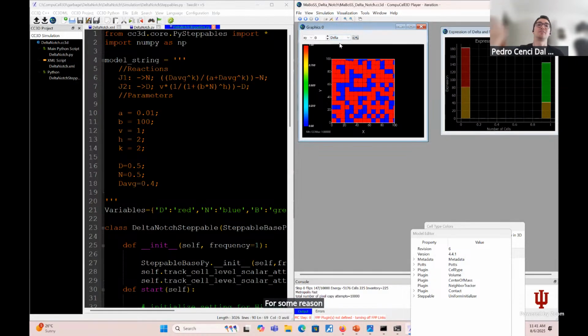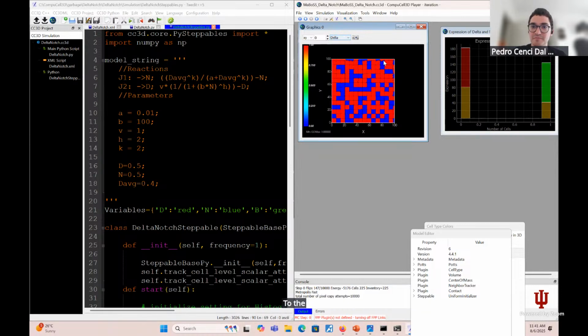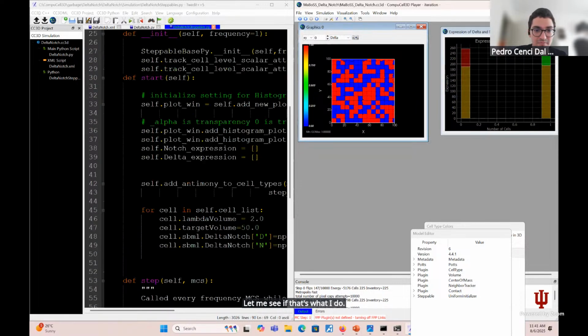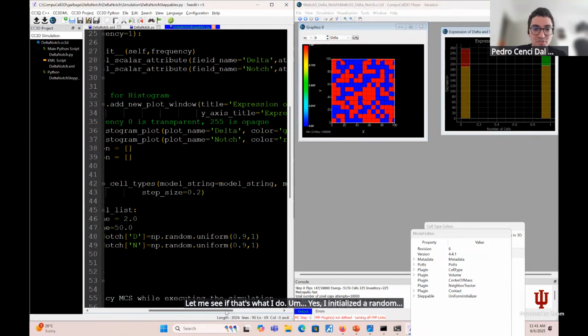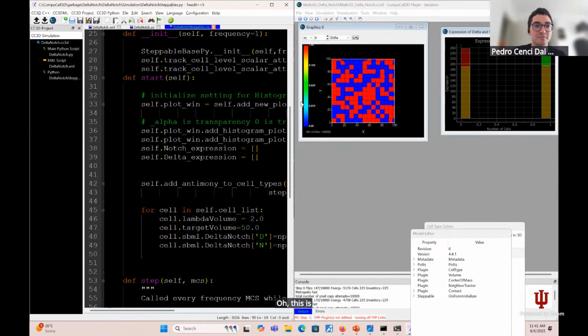Oh, okay. Now it's fine. I randomly assign delta and notch values to the simulation, I guess. I'm not sure. Let me see if that's what I do. Yes, I initialize a random value between 0.9 and 1. Oh, this is the Tellurium one. Okay, so let me run this one.